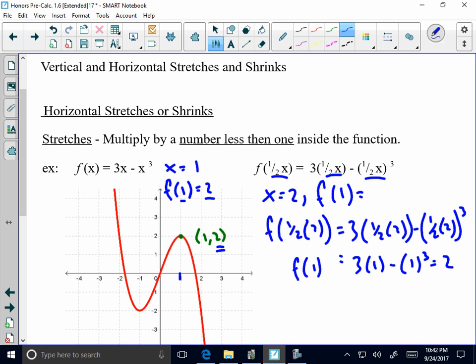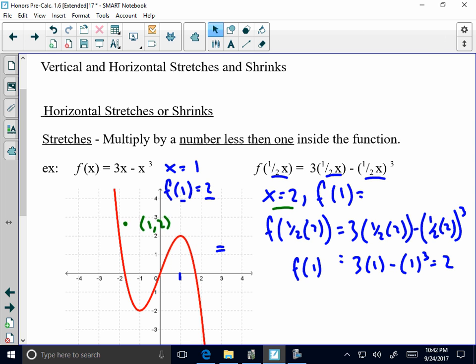So in a sense, what we're seeing is the x value of 2 now gives us that max of 2. So we can reapply that max right there. And we can now see that the max, instead of happening at the x value of 1, happens at 2.